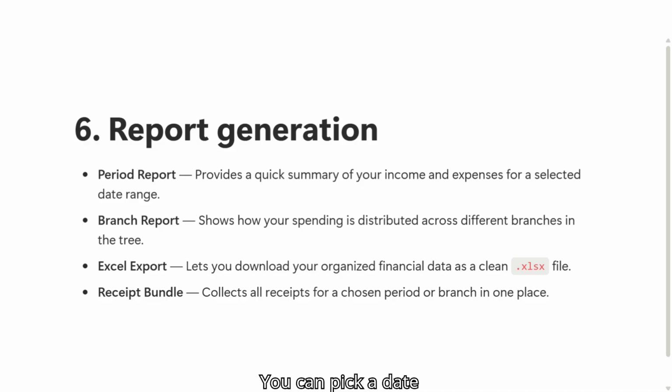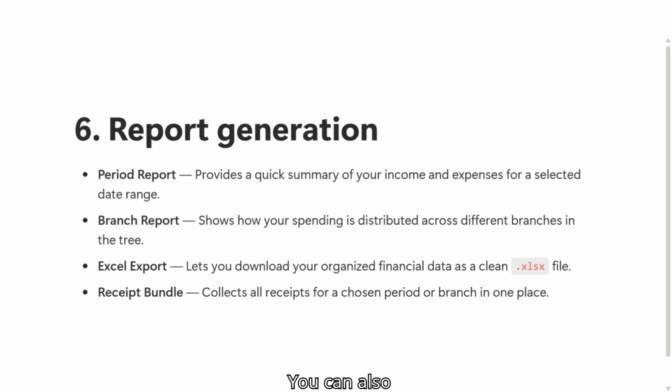You can pick a date range, like 1 month, and it gives you a quick summary of your income and expense for that period. Second, there is branch reports. This shows how your spending is distributed across different branches in your tree. For example, you can see how much was in personal.